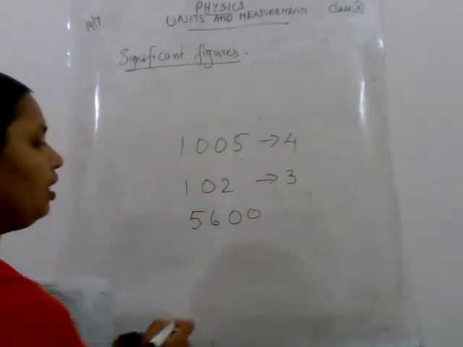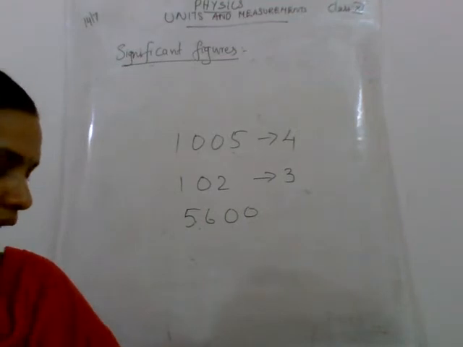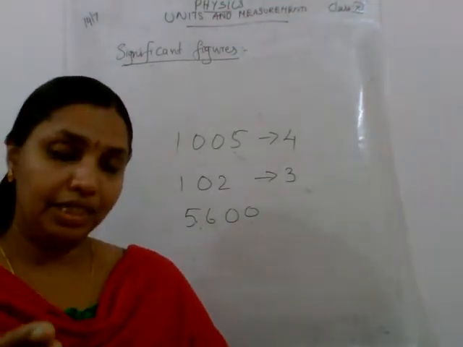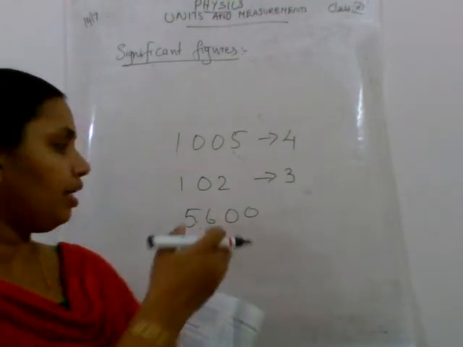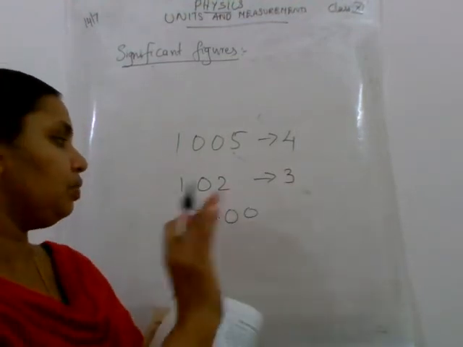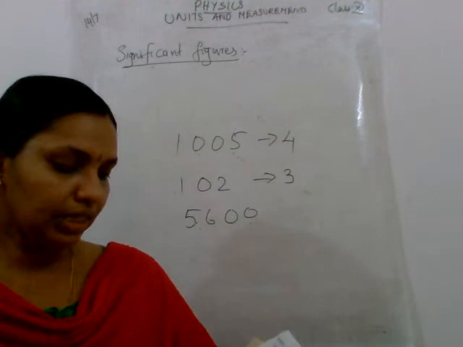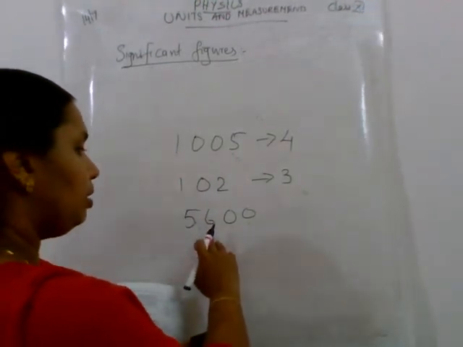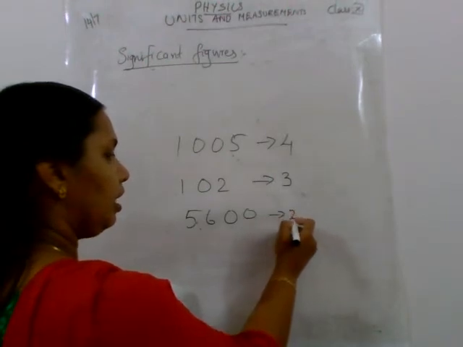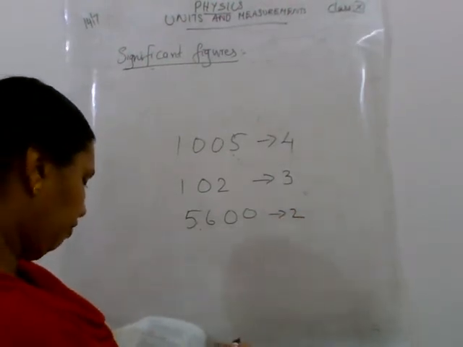Now we are not putting the decimal point, but we know that it is there. So such zeros are not significant. Here there are only 2 significant figures.